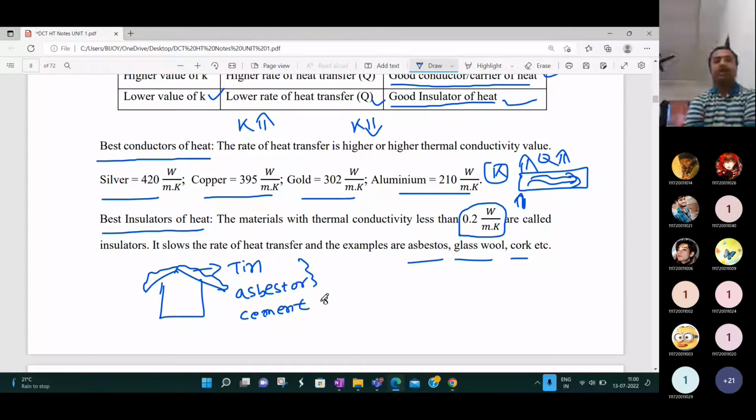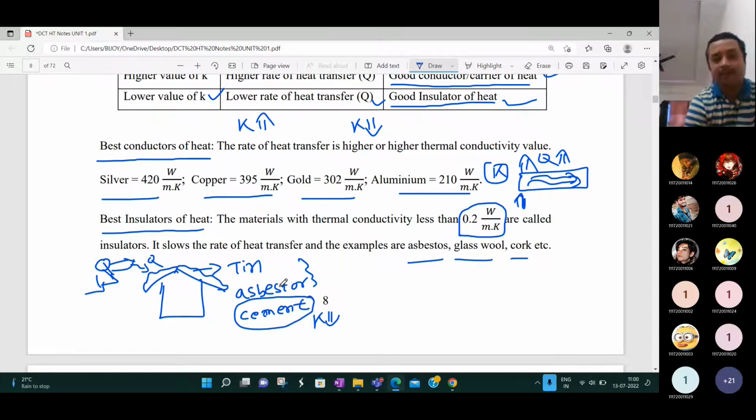But let us discuss according to the heat transfer rate. We have the sun, so we have to protect ourselves from the heat of the sun. For cement, the K value is less. Tin and asbestos are low cost, so not everyone can afford cement, and many people use either tin or asbestos.